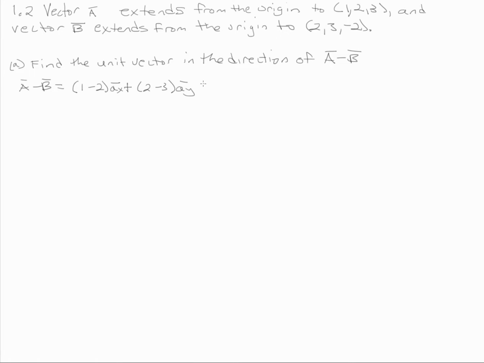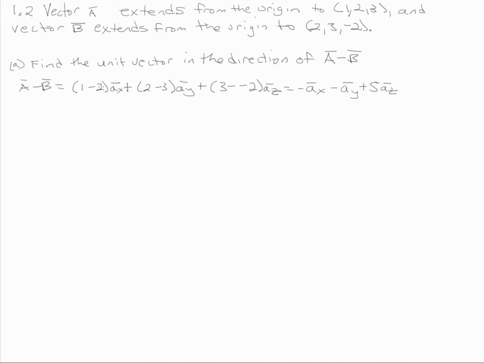And then we have point A again, which is 3, minus point B, which is minus 2, in AZ. And so that equals minus AX minus AY plus 5 AZ.